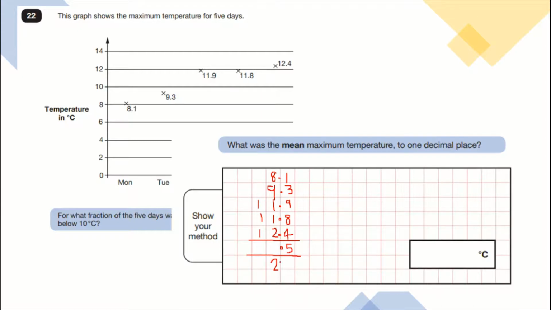Remembering this 2 down here is 23. So 2, 3. 1 plus 1 plus 1 is 3, plus 2 is 5. So 53.5. But that is not our answer yet, because we need to divide it by 5.